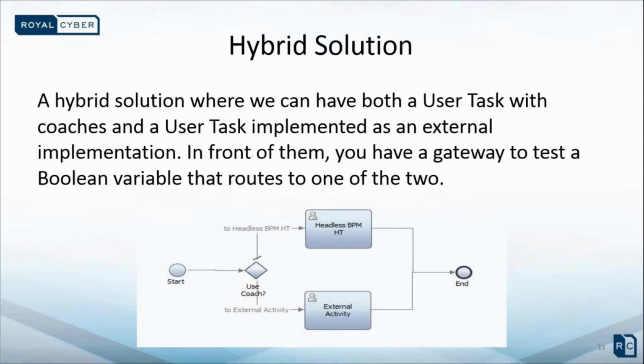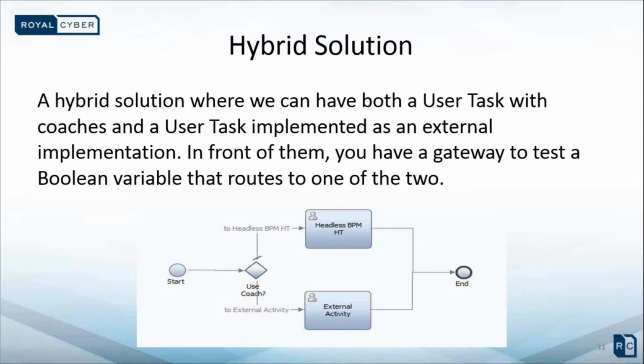Finally, the hybrid solution, which has both the coaches and the external activity. There would be a decision box, which can also be controlled from an APV, on whether to use coaches or not.